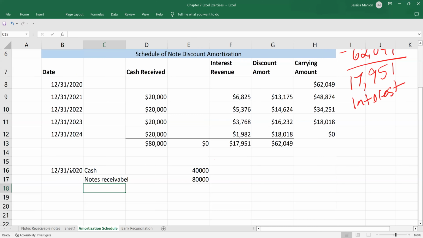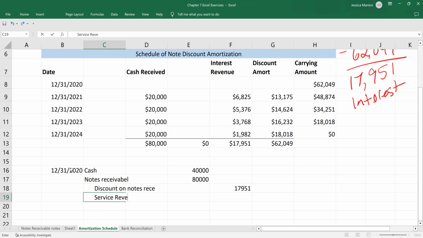We would have credited discount on notes receivable for the amount of that interest that we were going to amortize over the life of the loan, $17,951. And then we would credit service revenue, not cash in this case.